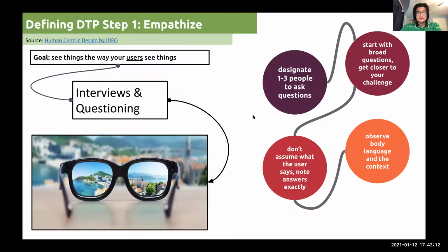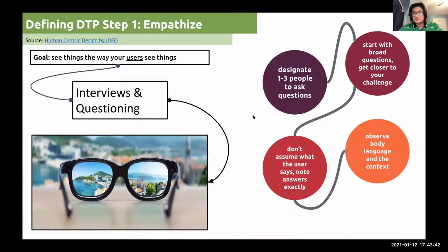When we're conducting these interviews, we need each person that's helping out with the process to have a specific role to play, whether it's asking the questions, recording the answers, or photographing or recording the actual footage of the interview. It shouldn't foster an environment that's overwhelming for the user.